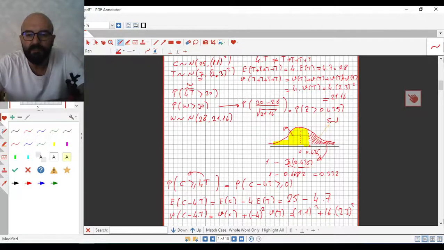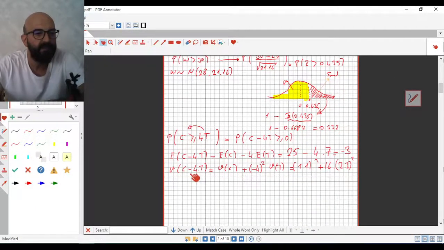Now this result is negative 2, and the variance value is 85.9.